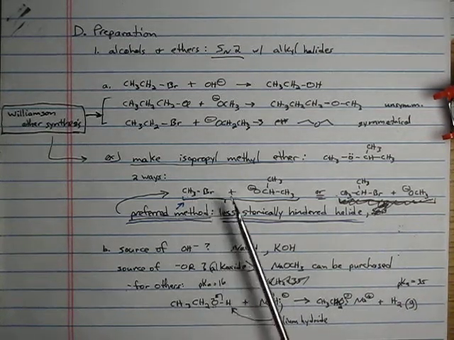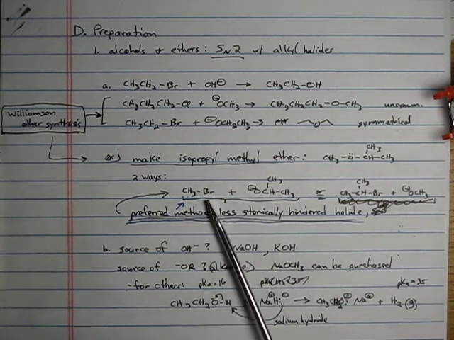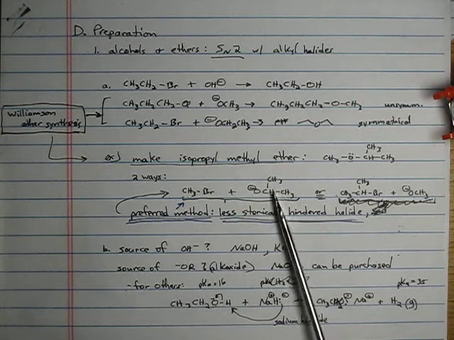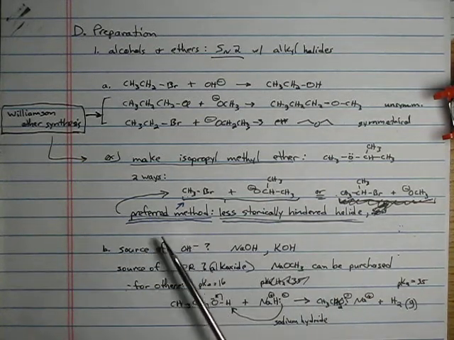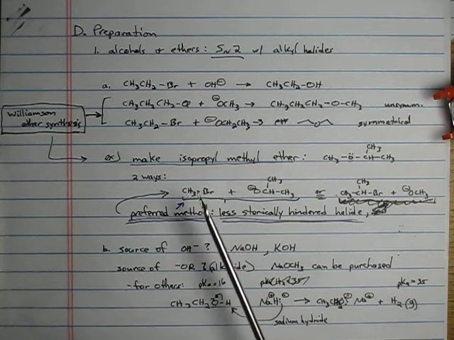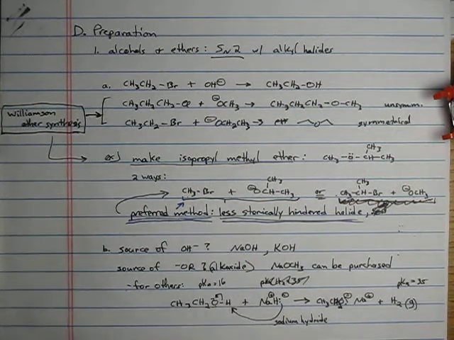Here is a primary substrate, strong base, more likely to get this reaction to work, even though we've got a bit of steric hindrance on our nucleophile. Williamson found out through many, many experiments that primary substrates, less sterically hindered alkyl halides, are going to do the reaction much better.